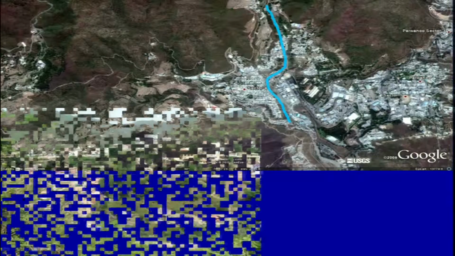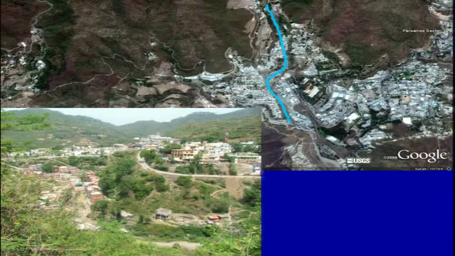Further, a ground photograph of that. Okay. Now, this photograph has been taken from this hilltop, viewing this side. So, what you see here is the stream coming from here and taking a turn. Okay.